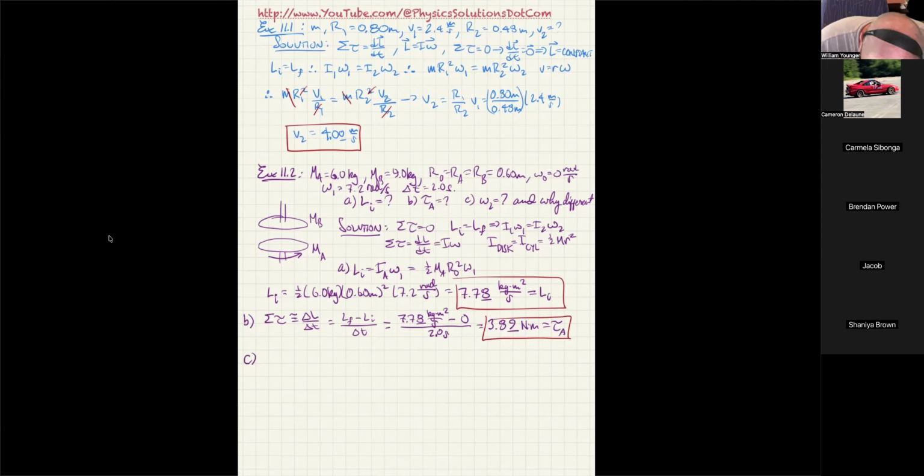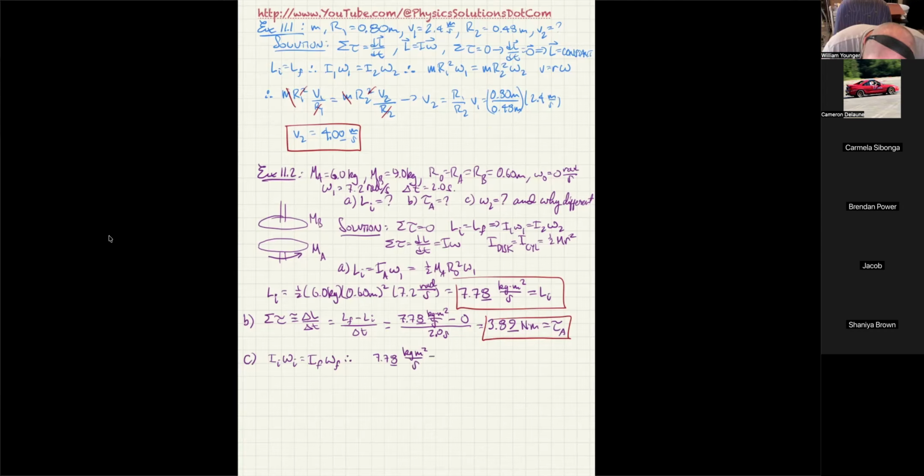We're going to say I initial omega initial is equal to I final omega final. And what we have here is the initial angular momentum, which is really just that 7.78 kilograms meter squared per second.